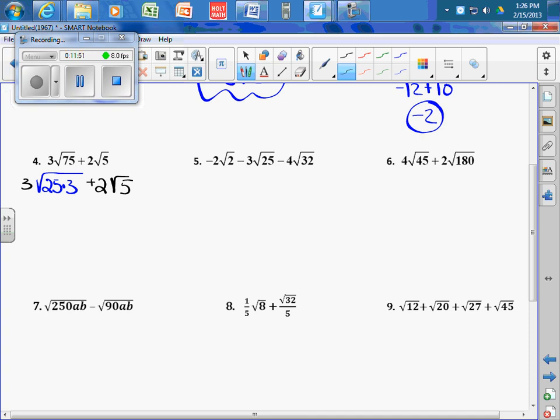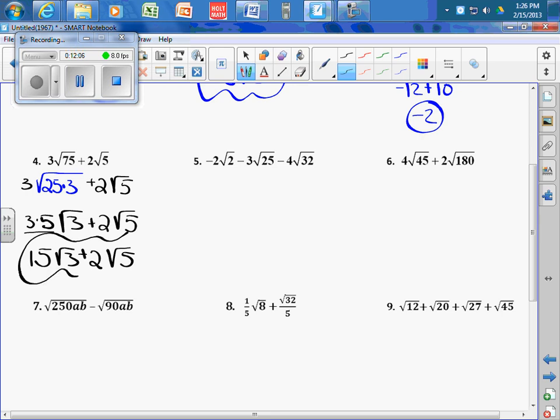The square root of 25 is 5, so I'm going to have 3 times 5 outside and radical 3 on the inside, plus 2 radical 5. 3 times 5 is 15 radical 3, plus 2 radical 5. Final answer, because the radical 3 and radical 5 can't be combined.